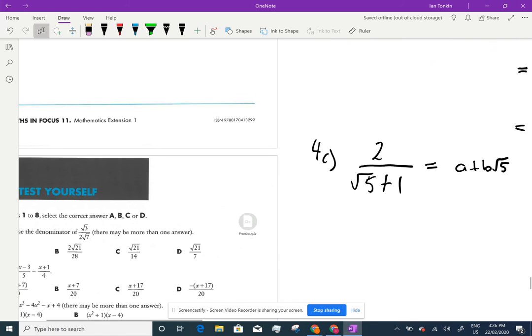So what you do is you're just going to take that left-hand side and you're going to go, well, 2 on root 5 plus 1, and I'm going to multiply by the conjugate. I'm going to rationalise the denominator. I'm going to go root 5 minus 1, root 5 minus 1.